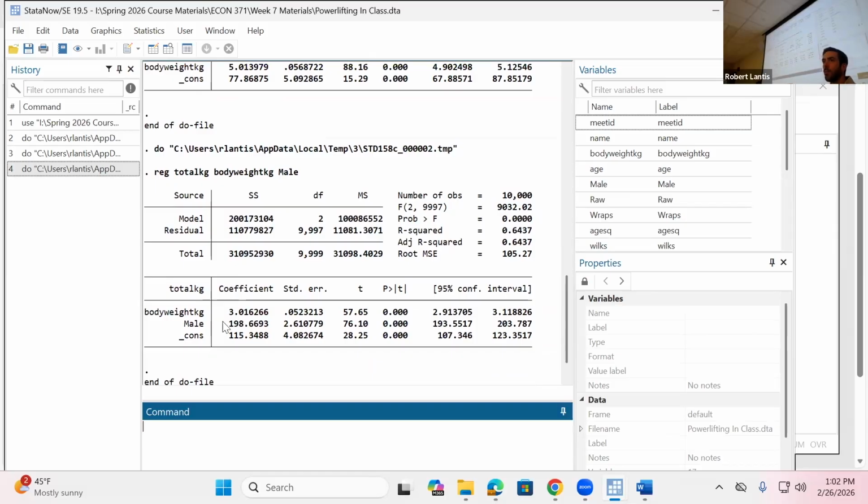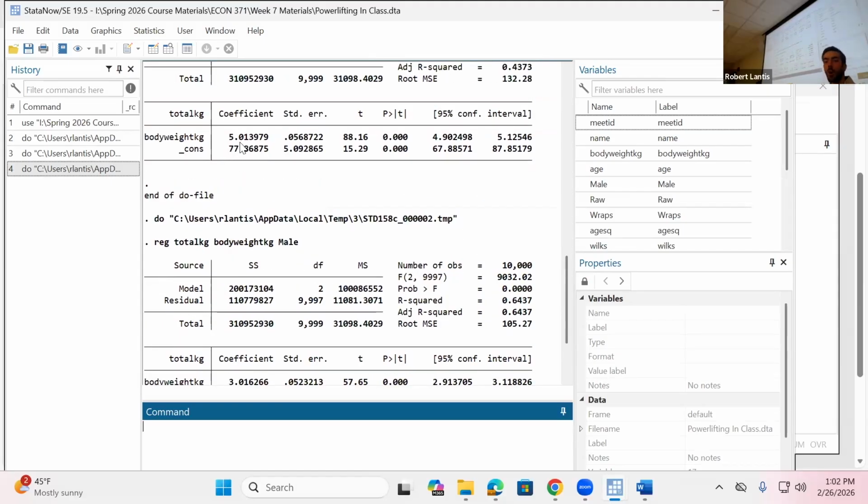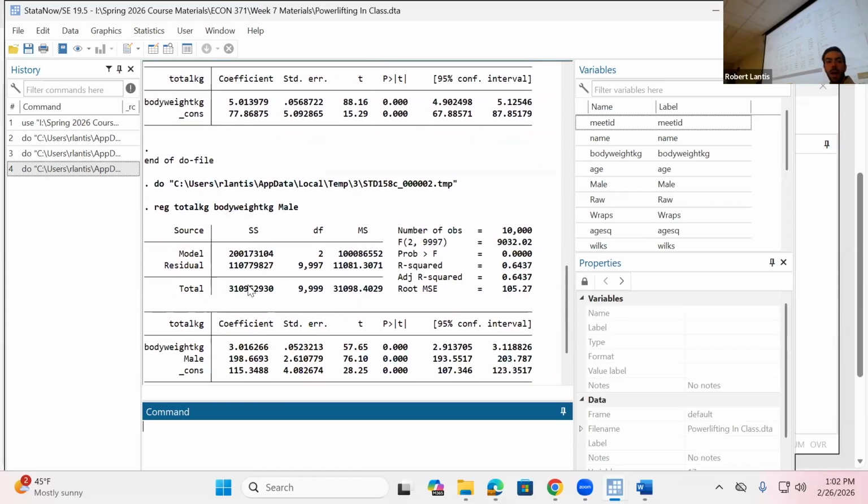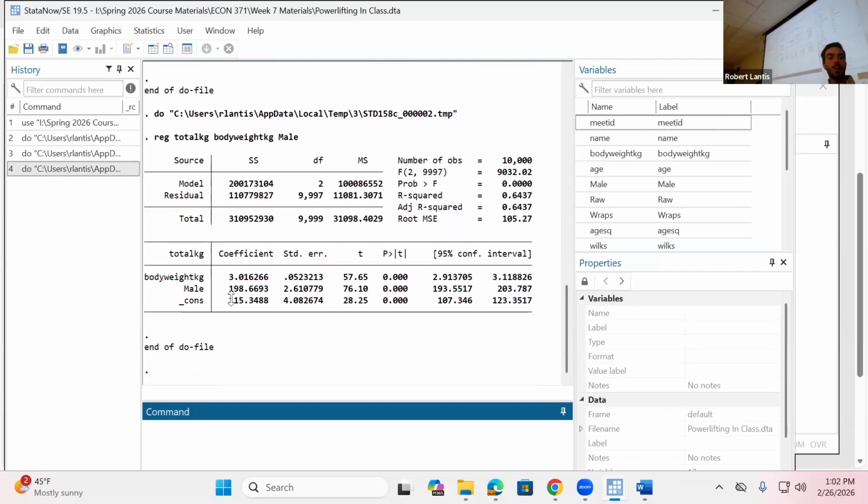Because once I include that omitted variable, what have I done to the bias? I've eliminated it. So this coefficient had the bias built in. I've now eliminated it. So what was the value of that bias? Approximately 2.